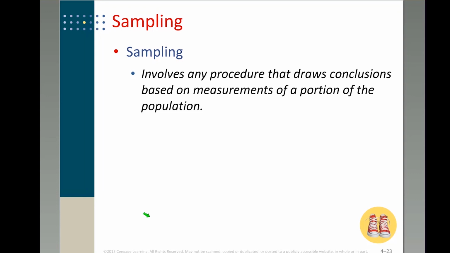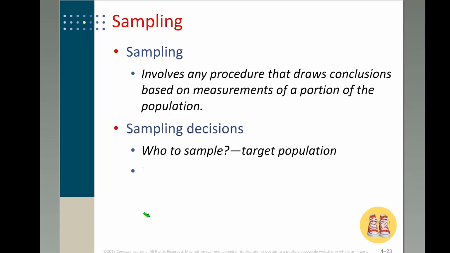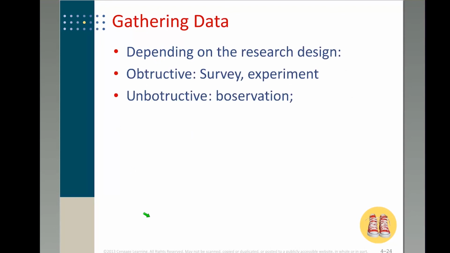I just want to mention one thing: sampling is also a very important step that will determine the quality of your data, whether the data you collected will be representative of the whole population, and whether the conclusion you draw is correct or not. So sampling is a very important step.